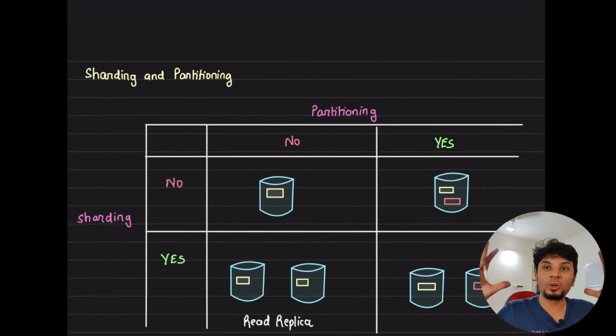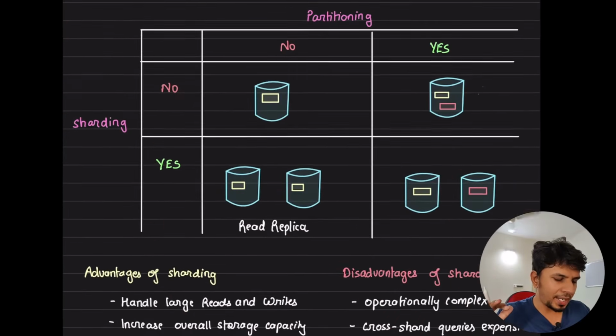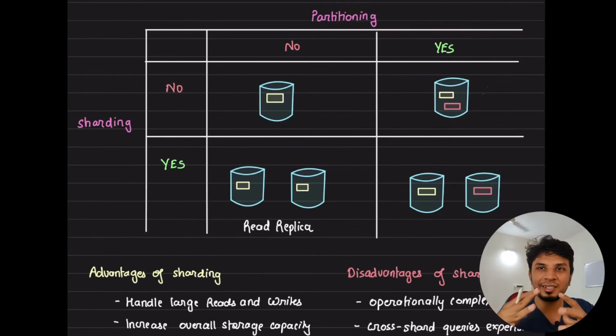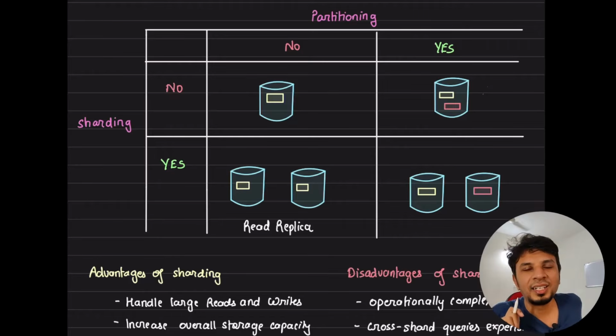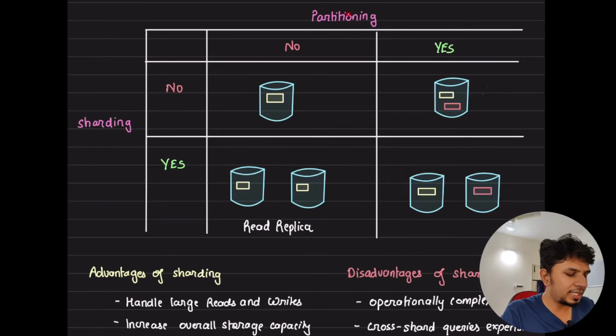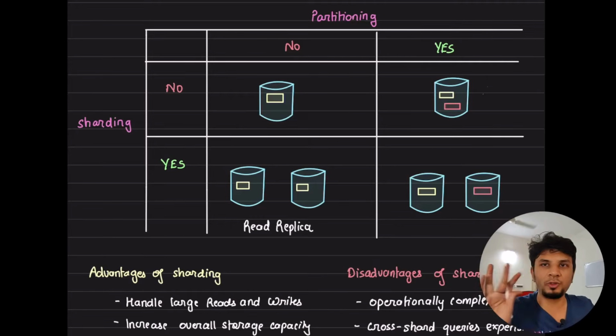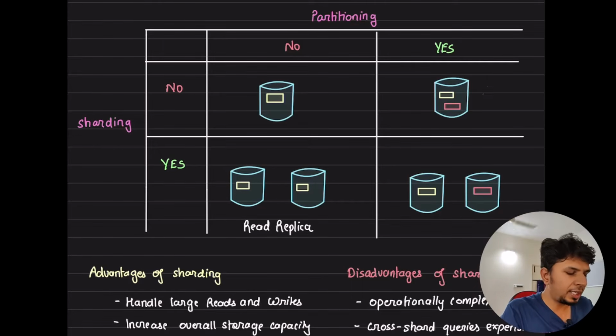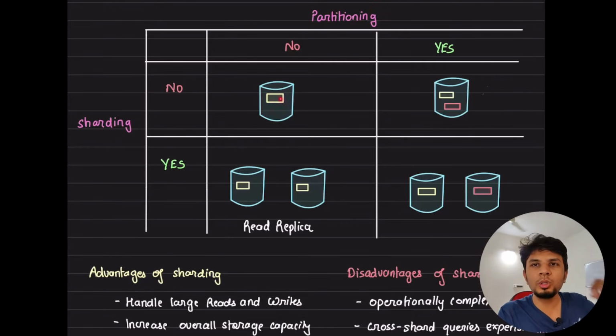But now let's take a holistic view of what partitioning and sharding together look like. This is one diagram that I always use to explain what partitioning and sharding are. When we talk about sharding and partitioning, yeses and nos, we will consider all 4 cases. A database server with no sharding and no partitioning is something that you do locally.